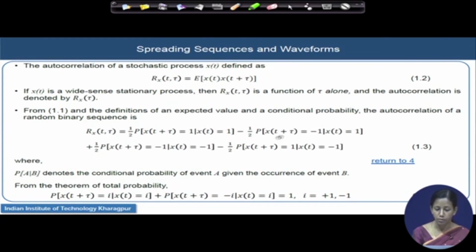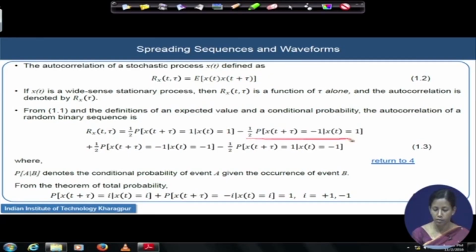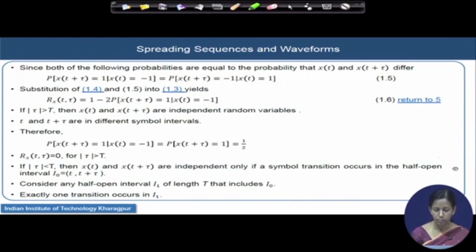So, what am I substituting? I am substituting that this probability is equal to the probability of this, and I am also using equation 1.4. If I substitute all this into the R_x(τ) expression, then I will converge to equation 1.6, where the autocorrelation value is given by 1 minus 2 P(x(t+τ) = 1 given x(t) = -1).